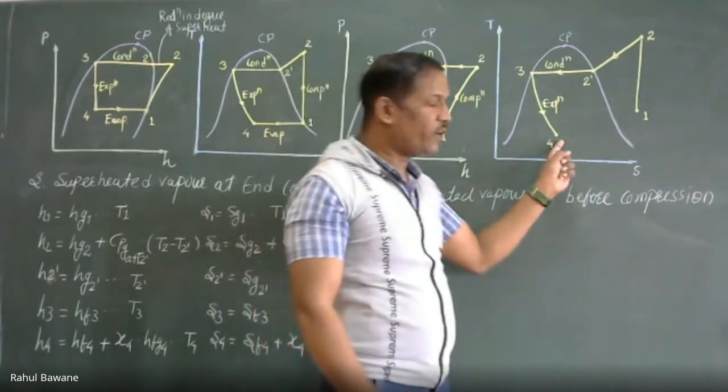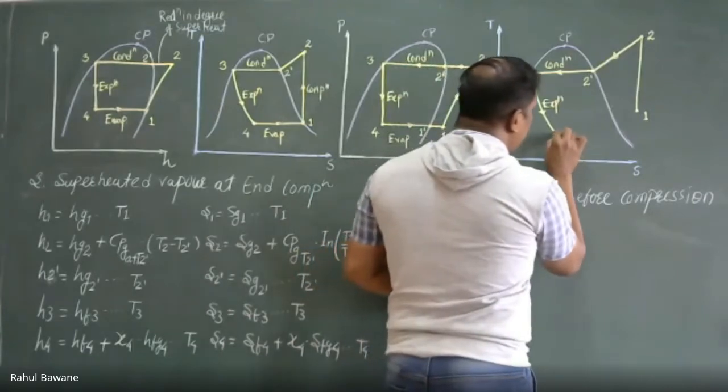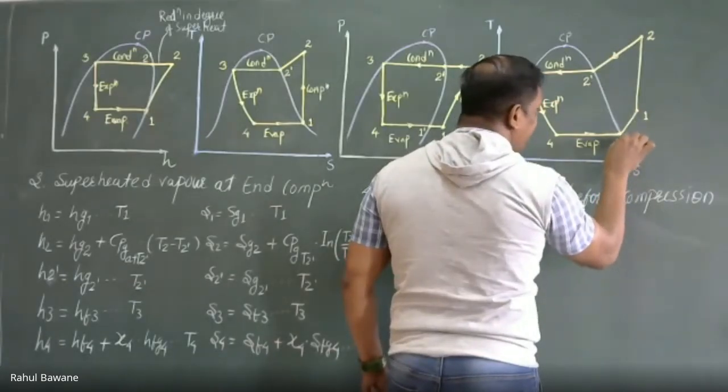After point 4, I supply this refrigerant to the evaporator where it extracts latent heat and becomes more dry, reaches saturation temperature and enters the compressor. The compressor's surrounding temperature will superheat this vapor and it reaches 1. That is our 1 dash.